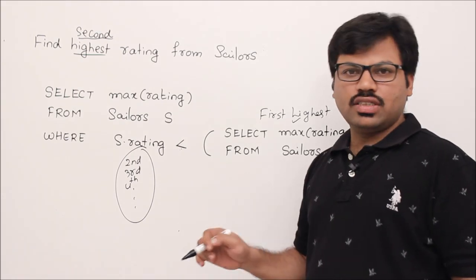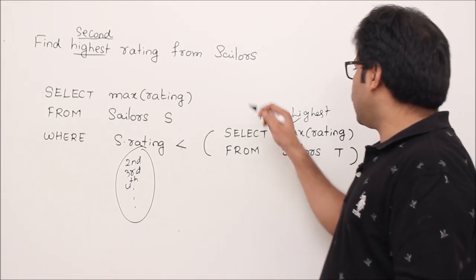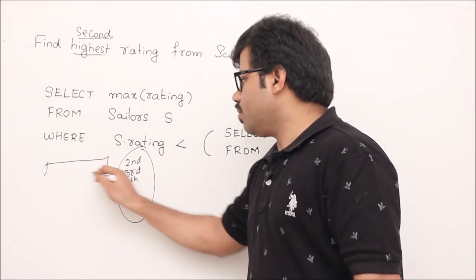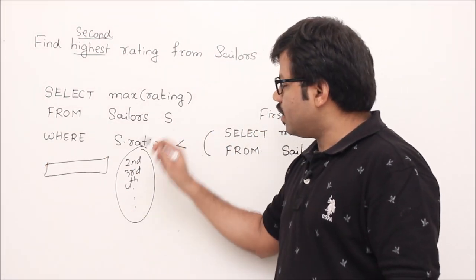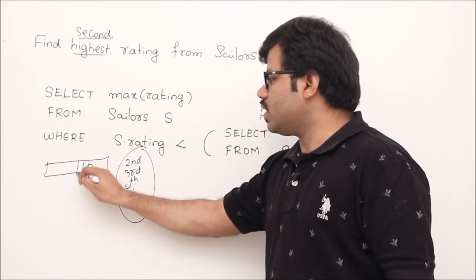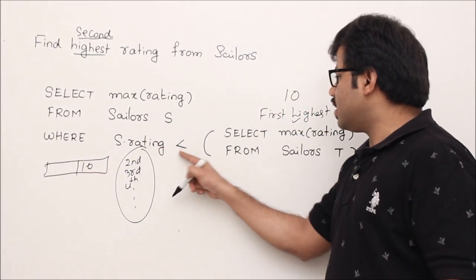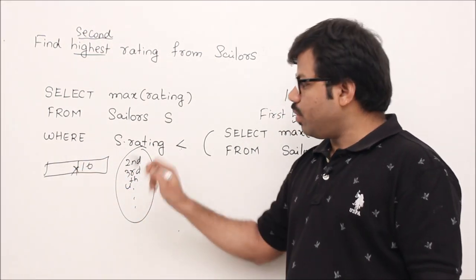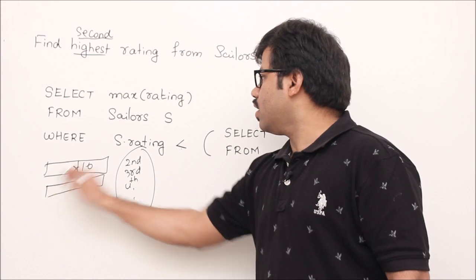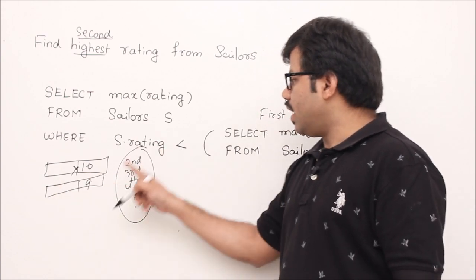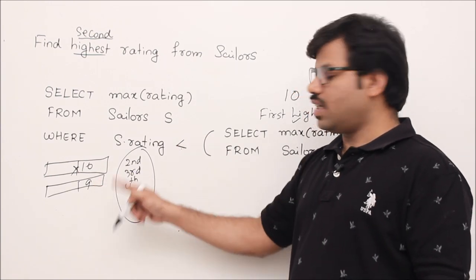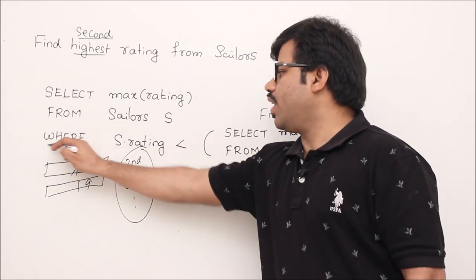For example, let's say the first highest is 10. Currently I am processing a tuple whose rating is also 10, which is the first highest. Then 10 less than 10 is false, so such a tuple will be rejected. If you are processing a tuple whose rating is 9, then 9 less than 10 is true, so anything other than the highest rating will be selected by this where condition.